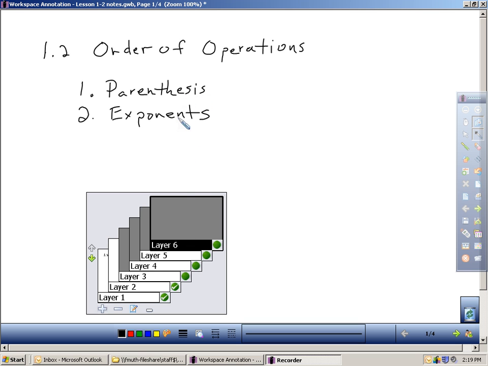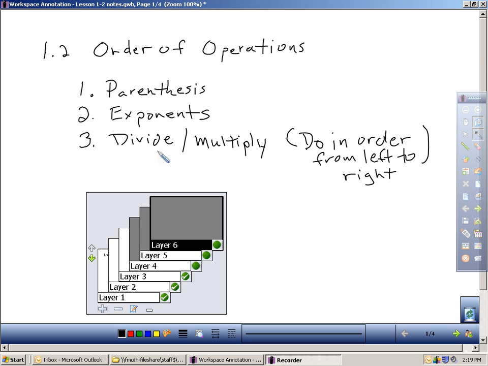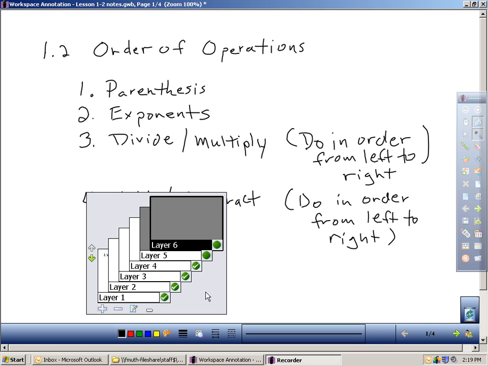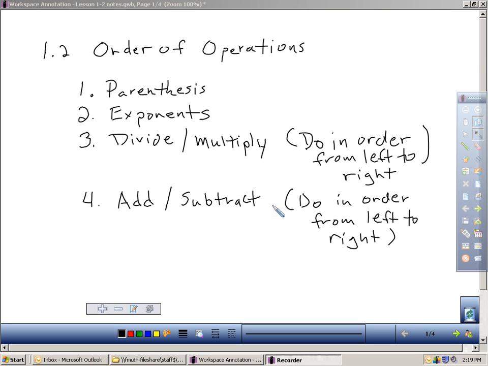Take care of any exponents after that. Next, divide and multiply in order from left to right. Adding and subtracting comes next, again in order from left to right.